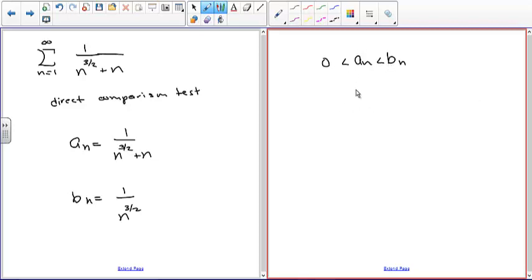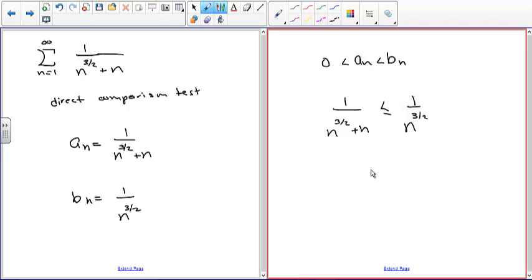So let's prove that's true. How would we prove that? Well, you can tell they're positive because n is always positive. And then you could write the expressions: is 1 over n to the 3/2 plus n always less than or equal to 1 over n to the 3/2 power?